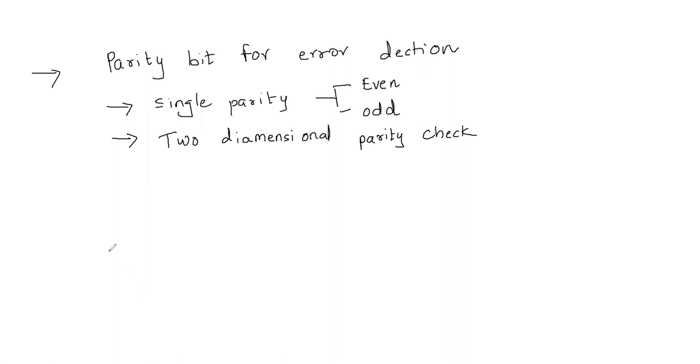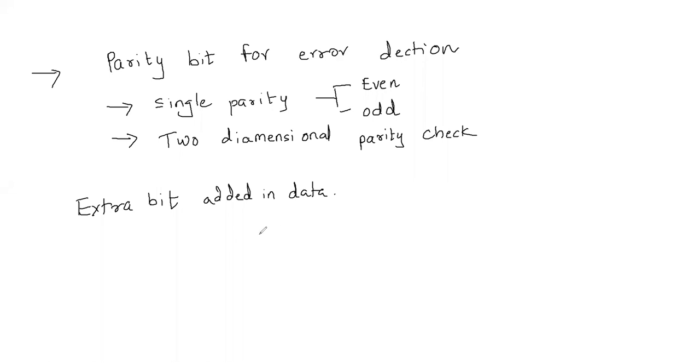The parity bit is nothing but an extra bit that is added to the data, and this bit does not carry any information. In this method the extra parity bit is also called a parity check bit.